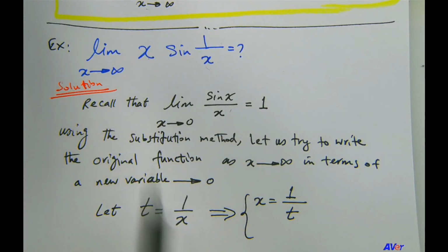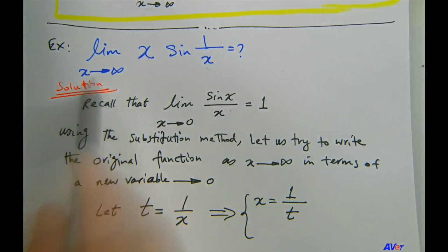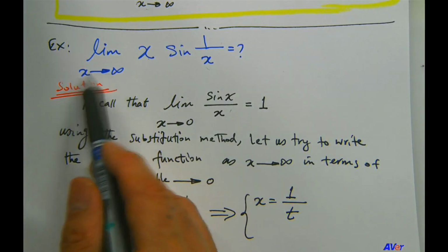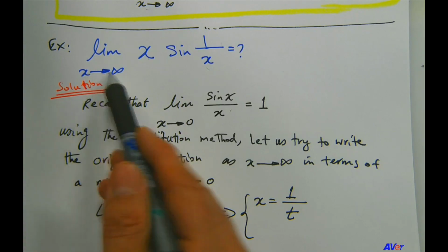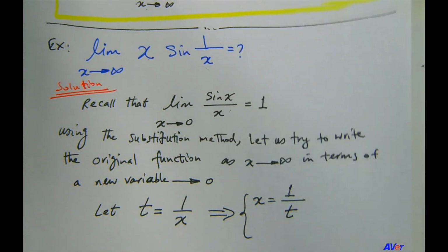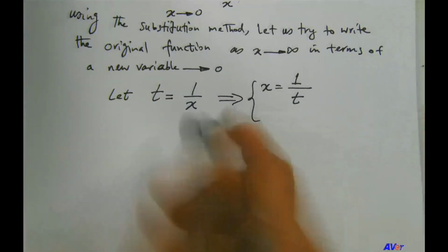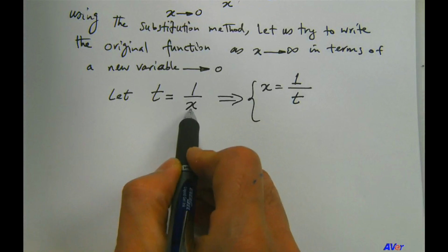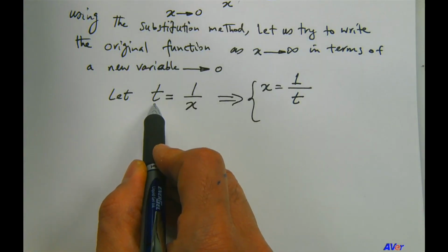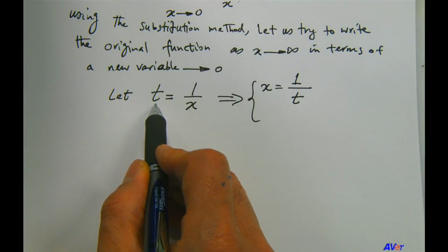We know what 1 over x is, and we know what x is, right? But what about the limit? The limit can stay as x goes to infinity, right? That was the limit of x. So what happens to the limit of t? So as x goes to infinity, here, what happens to the limit of t? T goes to 0, right?